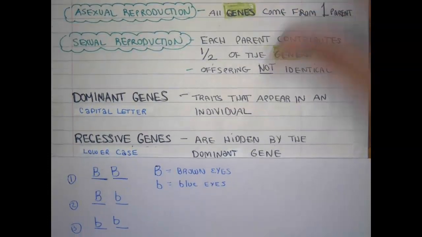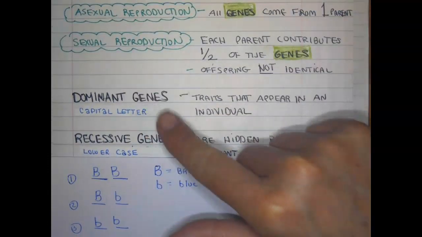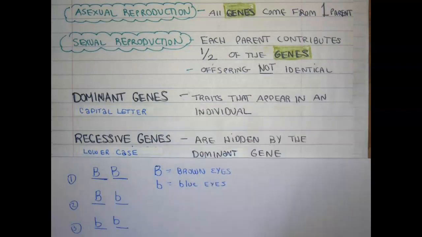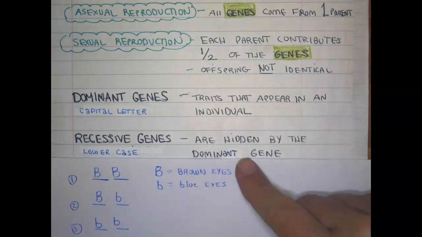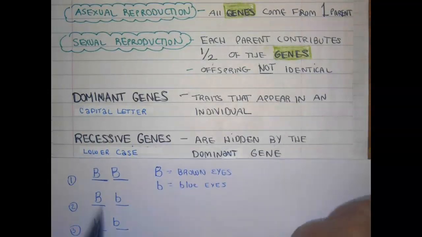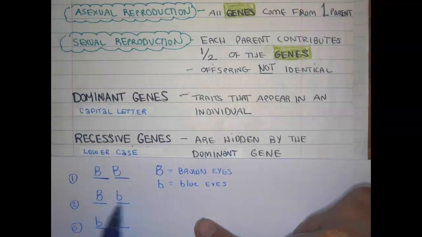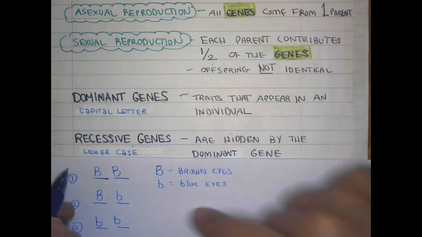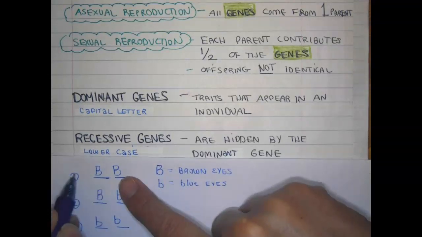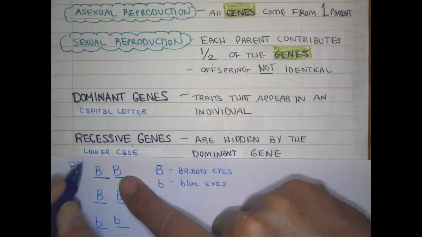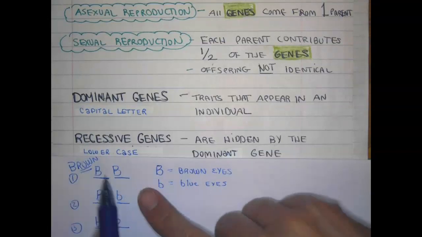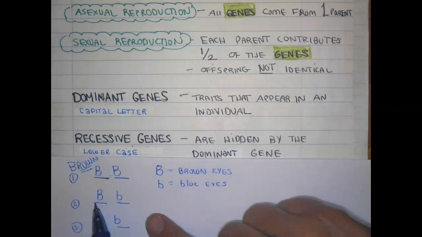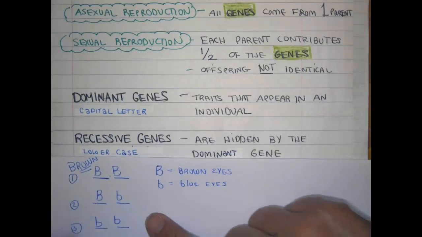Well, we said that if you have a dominant gene, it's going to show up. If you have a recessive gene, it's hidden by the dominant gene. So I have this recessive gene right here, the blue eyes, hidden by the dominant. So this sibling is going to have brown eyes. This person has a brown eye gene and a blue eye gene, but the blue eye is hidden.